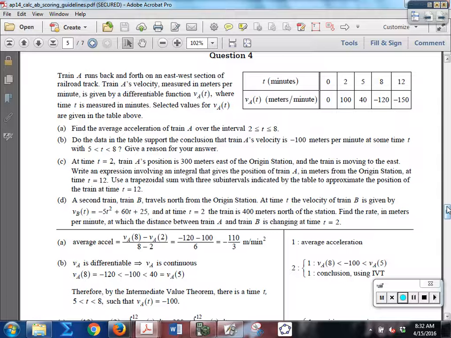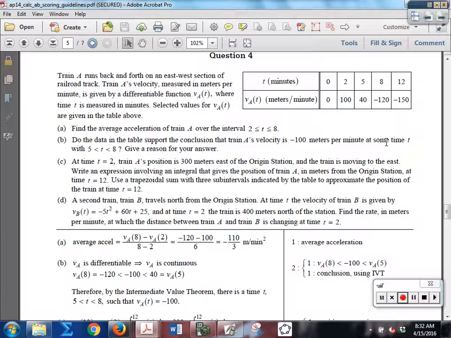It's probably better to mention this. You could say it's differentiable, so it's continuous. And then you should say that at time 5 it was at 40, and at time 8 it went to negative 120. So by the intermediate value theorem, it has to reach negative 100 at some time between time 5 and 8.